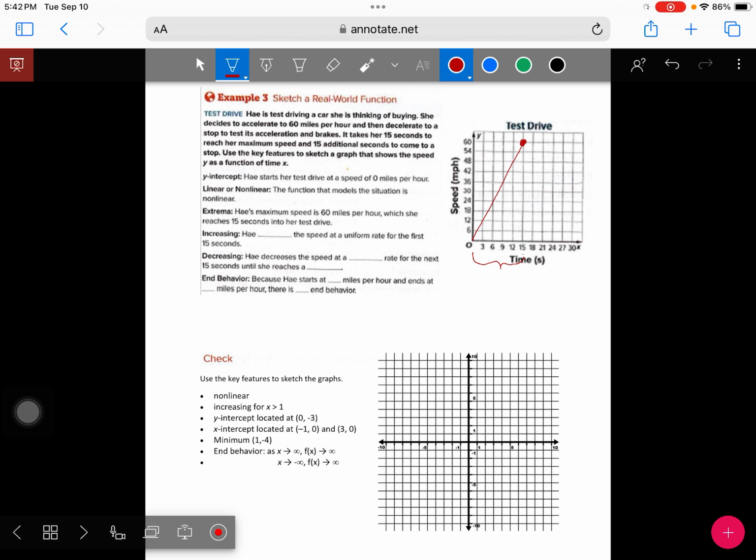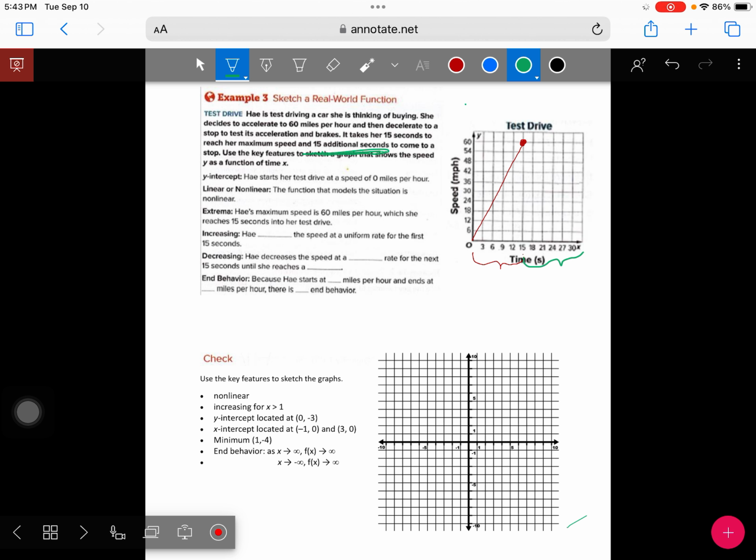Okay? It takes her 15 seconds to reach her maximum speed and 15 additional seconds to come to a stop. So it takes 15 seconds here for her to come to a stop.